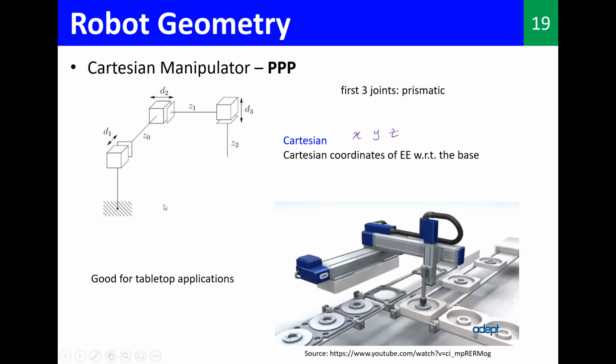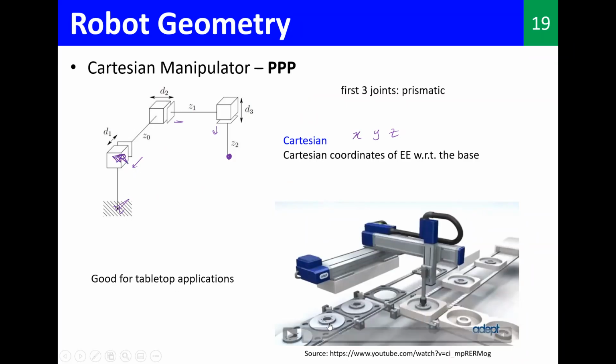So by actuating these joints, right? So this one, that one, and this one, you can have a description of this point using Cartesian coordinates with respect to, let's say, from here. Oh, sorry, maybe yeah, it should be from here. Yeah.